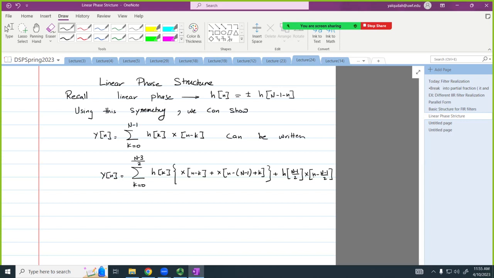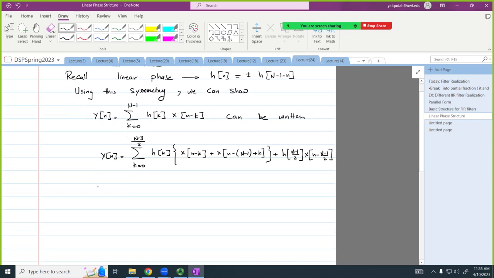So using the symmetry of h of k, the coefficients of the filter, we can rewrite this summation to get this expression that we have here. And this is when n is odd.